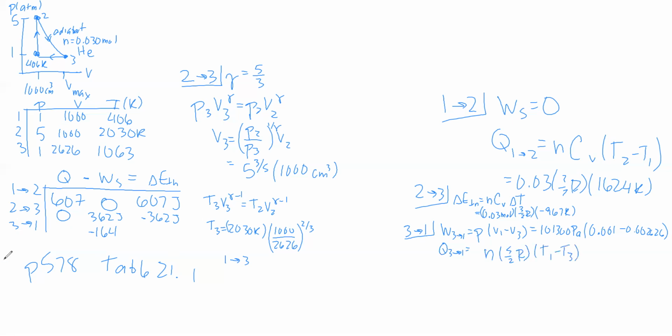And when I do that, I believe I get 414. Yeah, 415 or so joules. Let me just double check that. It's actually 409. So let me put that right here.